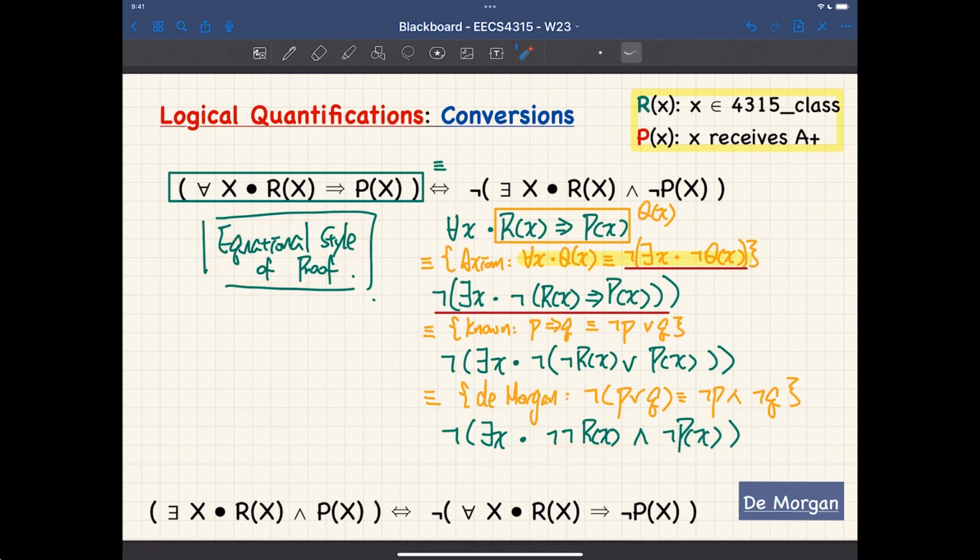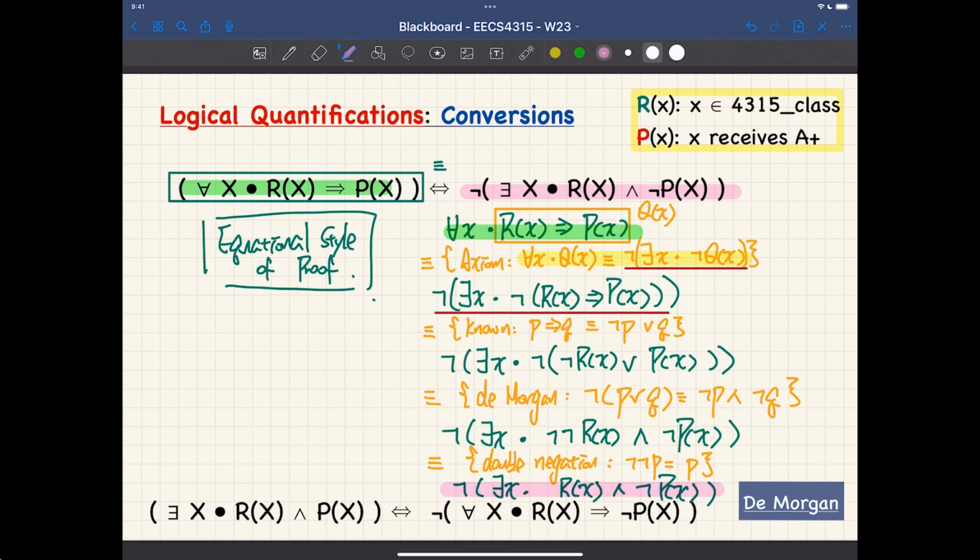Finally, just for this one here, double negation, right? Equivalent to, let's say, you don't necessarily have to mention the name, but I'm just trying to be very complete. Not not P will be P. Okay? Almost there, just be complete. r(x) and not p(x). And take a look, starting from here, ending over here.